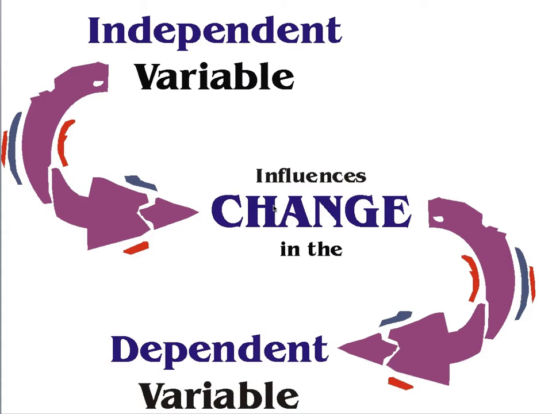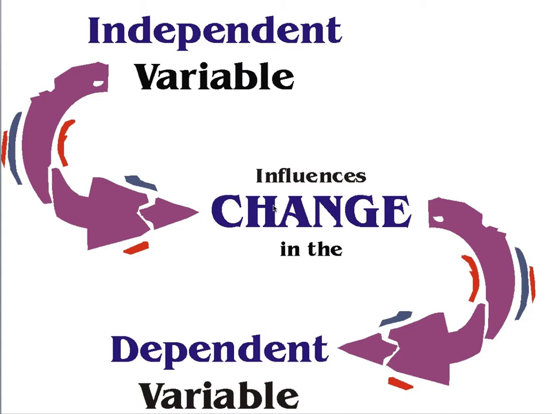I'm looking for the effect that sleep has on their scores or their GPA, their academic performance. So I'm looking to change the dependent variable, which is their academic performance, and I'm controlling how much time they're sleeping. That's the part I'm manipulating.